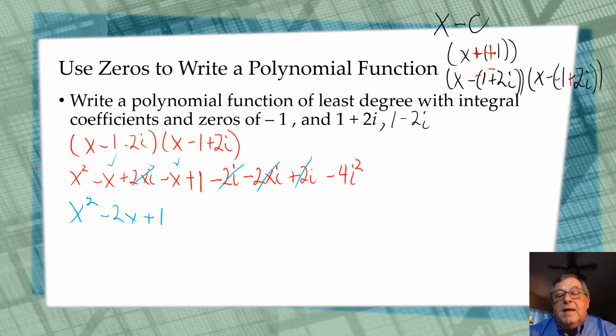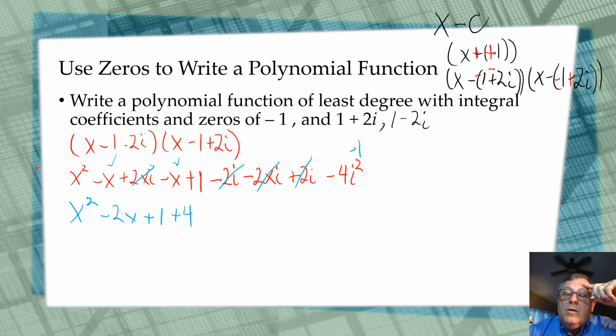And then I've got -4i squared. What is i squared? Well, i squared is -1. So -4 times -1, that's going to be plus 4. I'm already getting ahead of myself. Okay, so when I finish combining all the like terms here, I'm going to have x squared minus 2x plus 5.